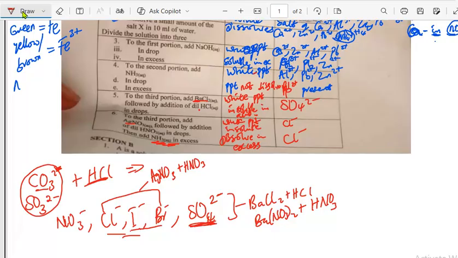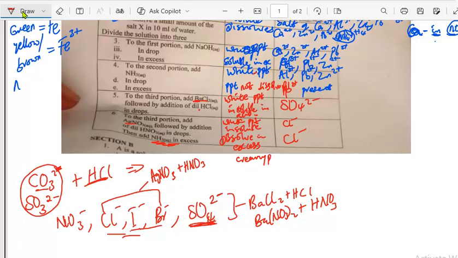Then if the precipitate is bromide, you will not have a clear white precipitate. You will have a creamy precipitate. It will be white, but it will be like milk.